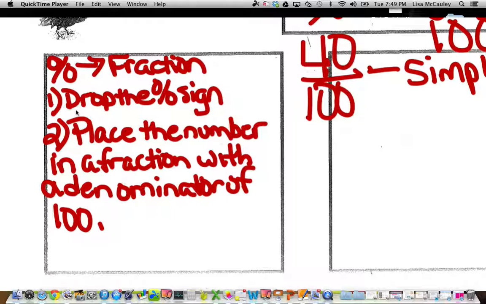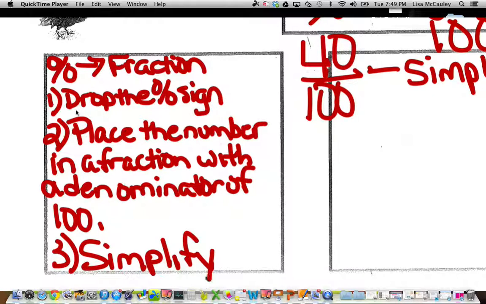And then the third step is always with fractions to simplify.